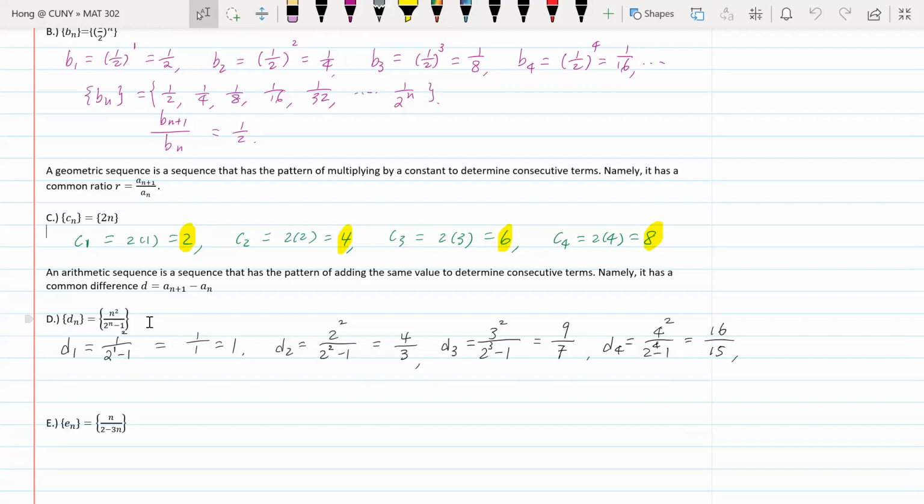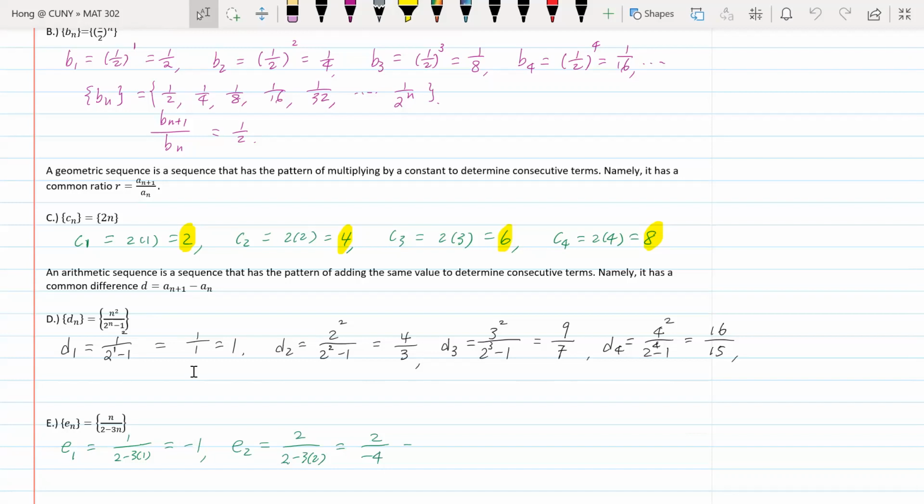E sub 1, how much is E sub 1? E sub 1 equals 1 over 2 minus 3 times 1. So it's negative 1. E sub 2 equals 2 on the numerator, 2 minus 3 times 2. So 2 in the numerator, 2 minus 6 is negative 4.